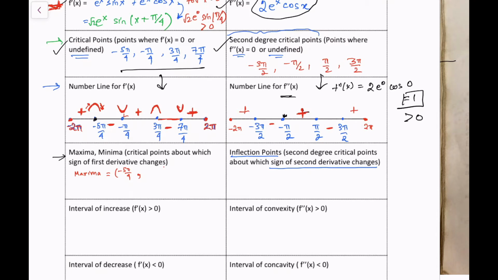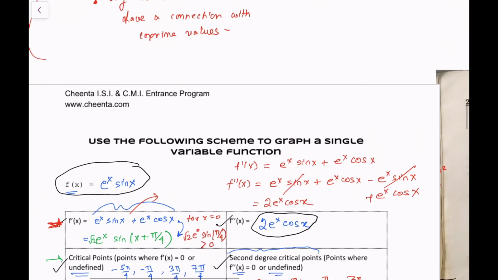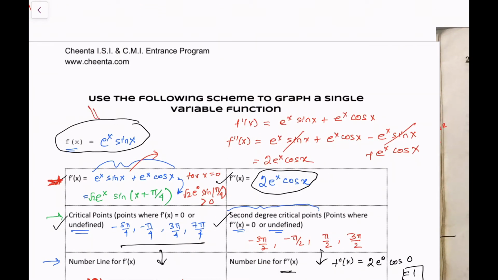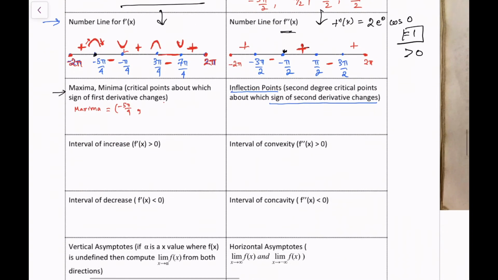So we plug in this value into the original function to find the y coordinate. So we have e to the power negative 5 pi by 4 sine of negative 5 pi by 4.